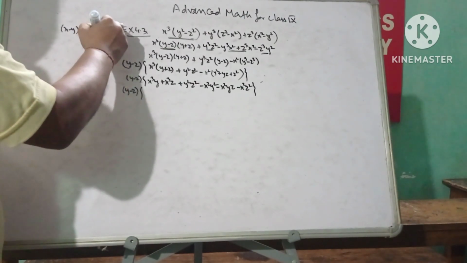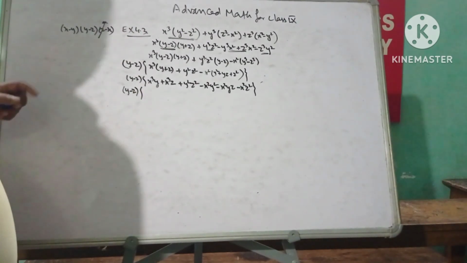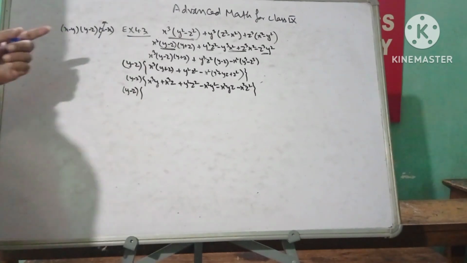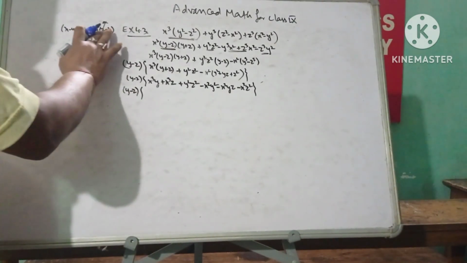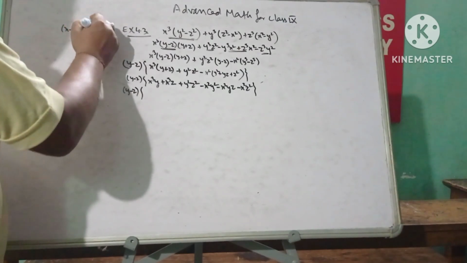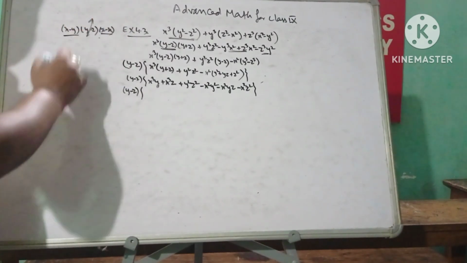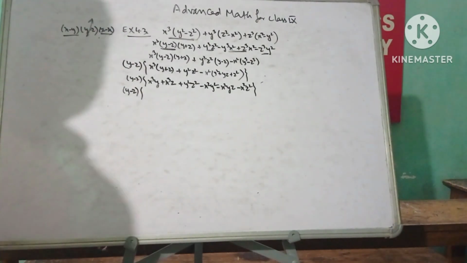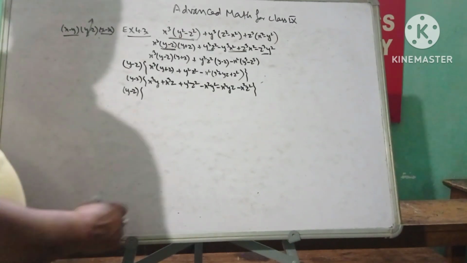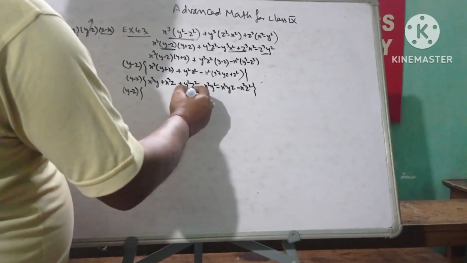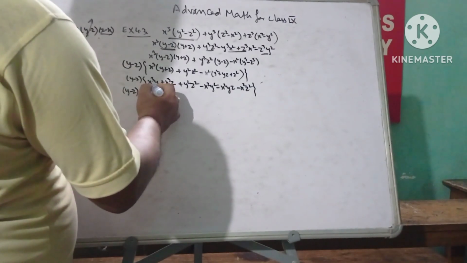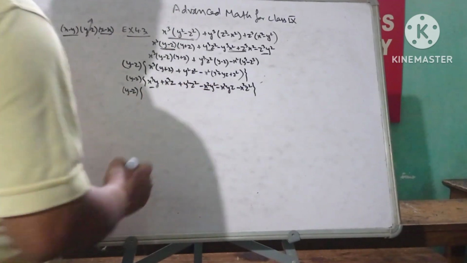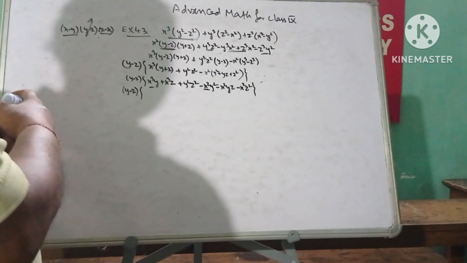We have selected this y minus z. So between these two we can select any one. So let us take x minus y. So x minus y, if you take this and this, you are going to get x minus y.